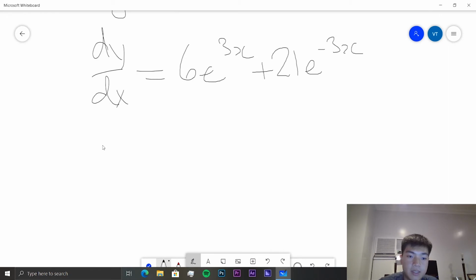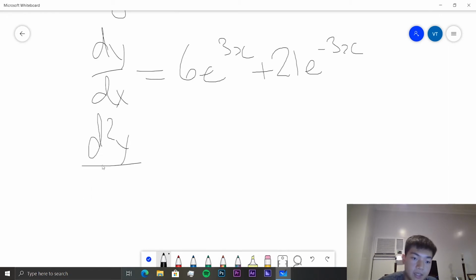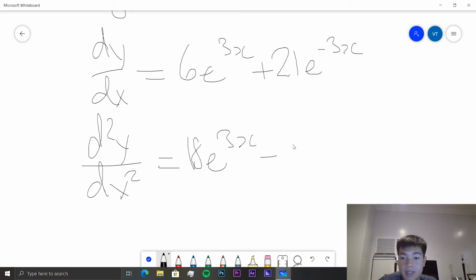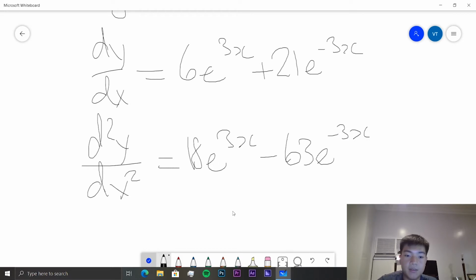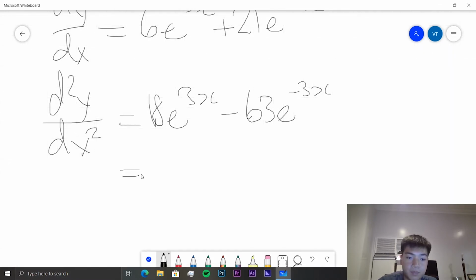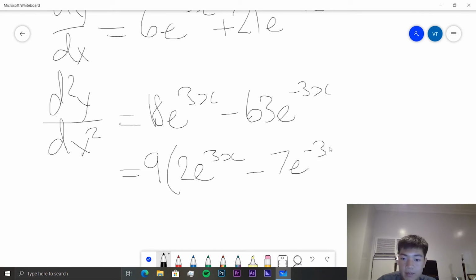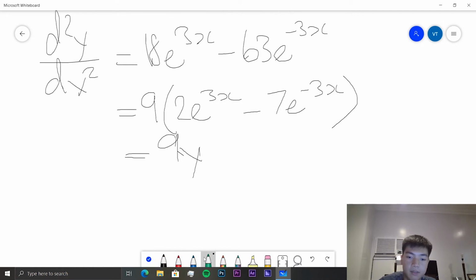And so d squared y over dx squared is equal to 18e to the 3x minus 63e to the negative 3x. And so we can factor this into 9 times 2e to the 3x minus 7e to the negative 3x. So as you can see, it's clearly equal to 9y. So yeah, that was cool, and on to the next one.